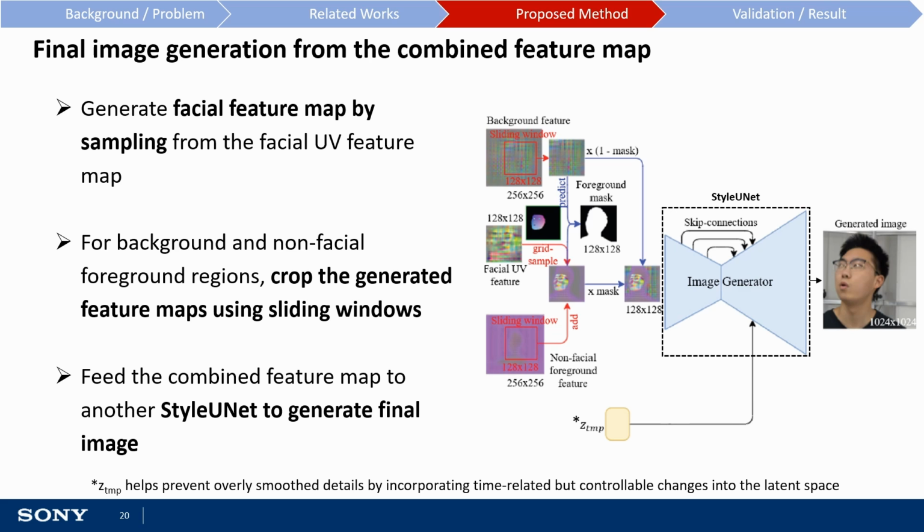To ensure that the foreground feature map is in front of the background map, they first use a supervised convolution layer to predict a foreground mask, and then combine these two feature maps using the predicted mask. Finally, the combined feature map is fed to another style unit generator to generate the final image.